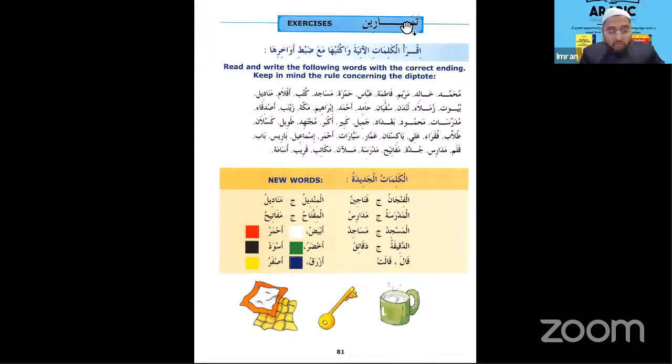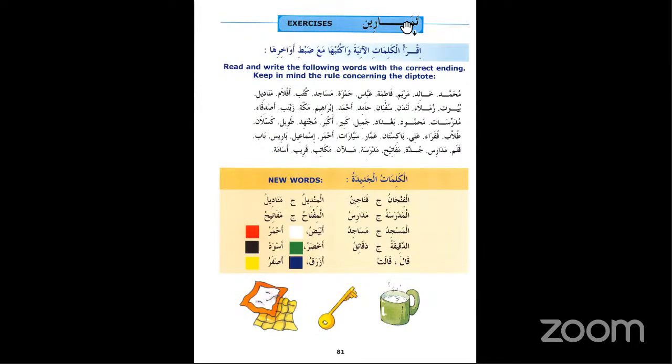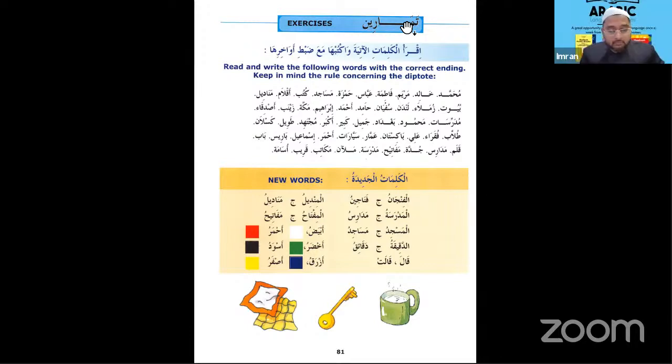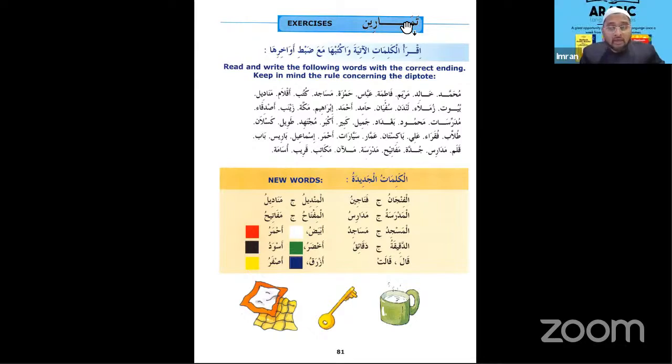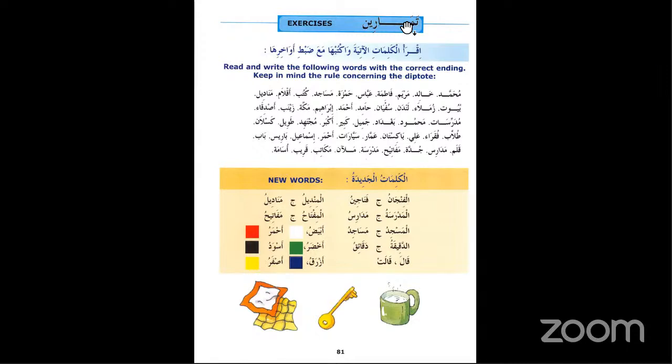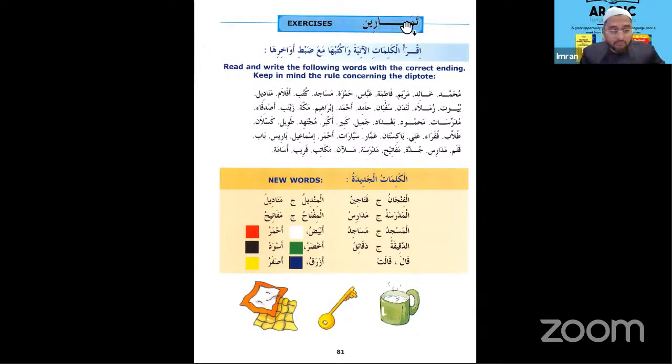Excellent. So why are you saying أحمر? Because ahmar is a diptote noun, so it will only take one fatha in the accusative case. One fatha, yes. Excellent. Is that clear for everyone?